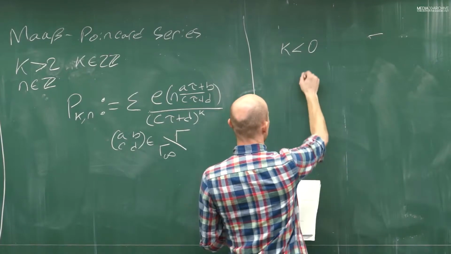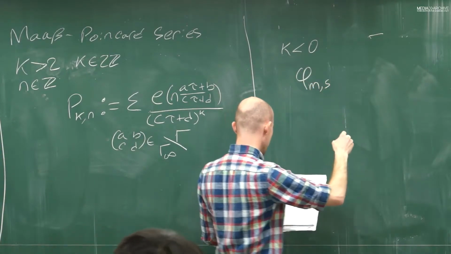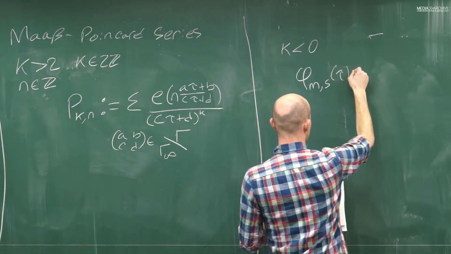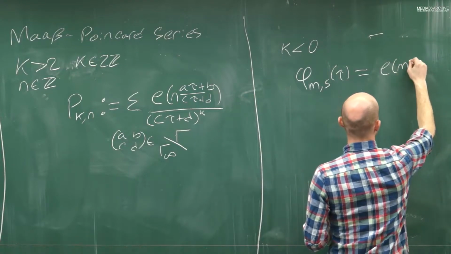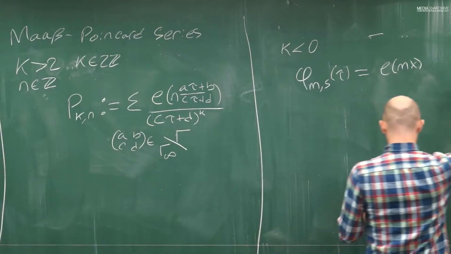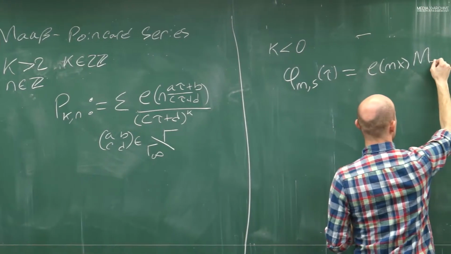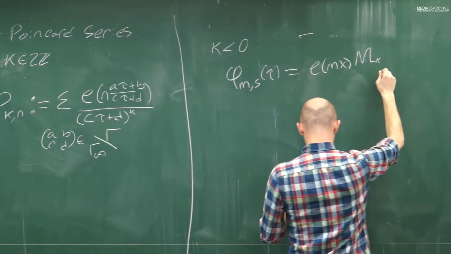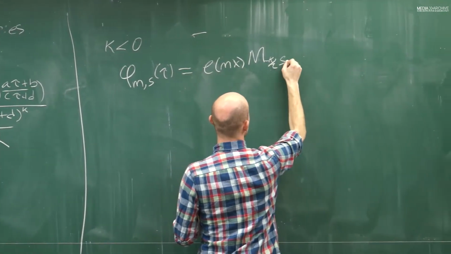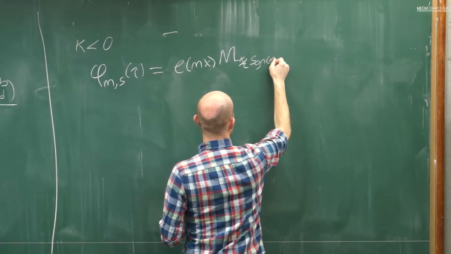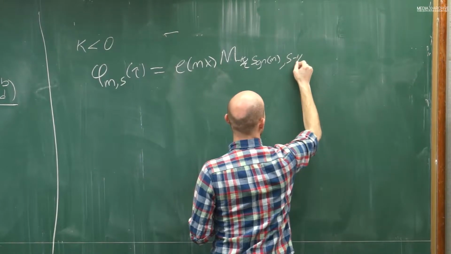And then let's define a function phi sub m,s of tau, which is going to equal e to the mx times the M Whittaker function, index k halves sine of m, s minus 1/2.